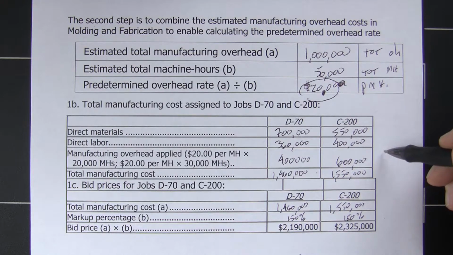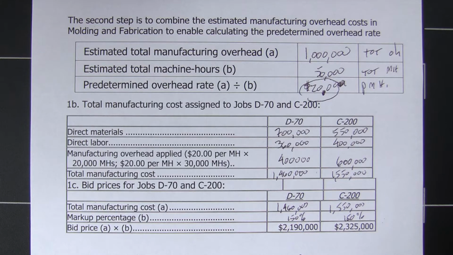Now, that's part A, B, and C. Part D asks us, what is the cost of goods sold for the year? You probably saw that and freaked because we didn't go over cost of goods sold.